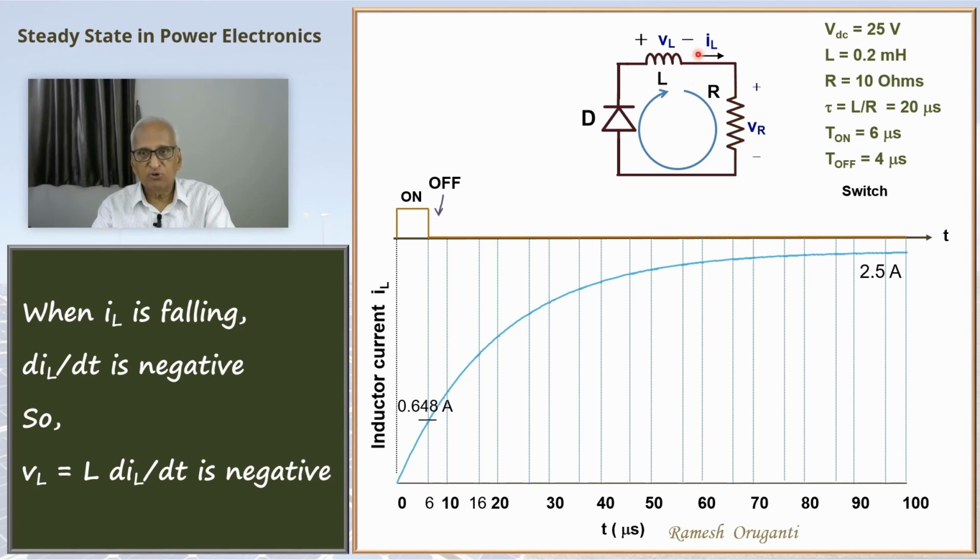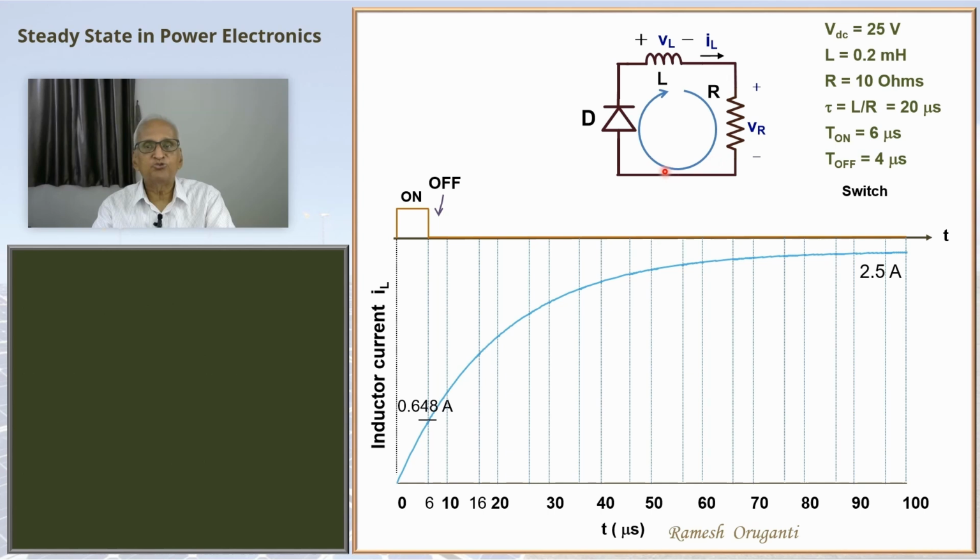That means positive on this side and negative on this side. That induced voltage will overcome the IR voltage drop across the resistance and the forward bias requirements of the diode. To make the diode conduct, the current will continue to flow in this manner.